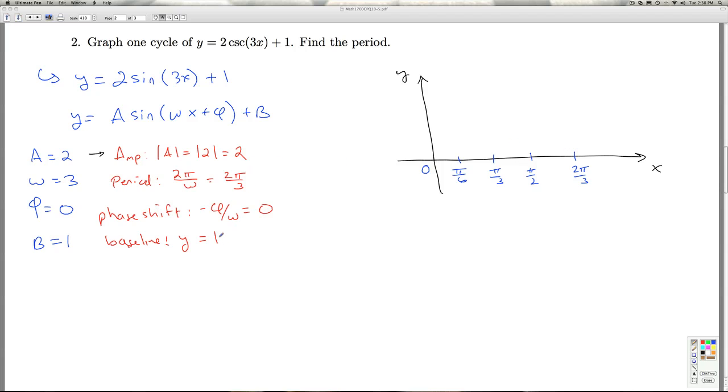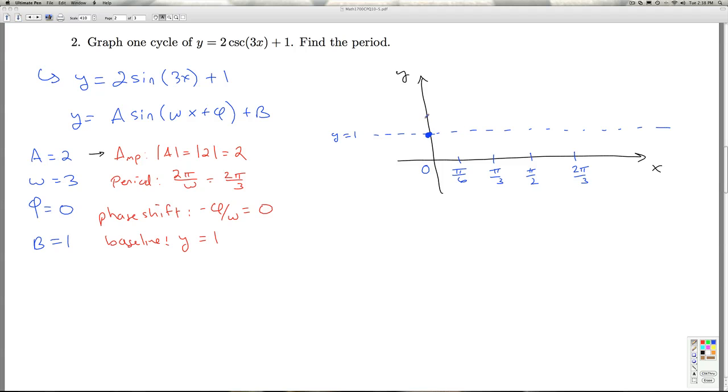The next thing is I look at the baseline, y equals 1. I'm going to dot that in, like so. And the amplitude, A, is positive, which means we're going to start moving upwards 2 units away from the baseline. So here's y equals 1. I'm going to start at 0 up at the baseline.